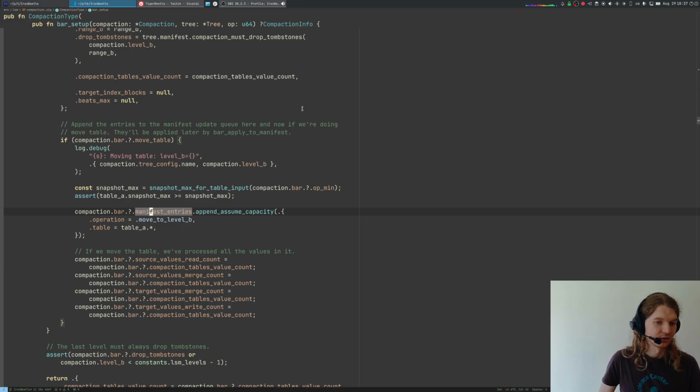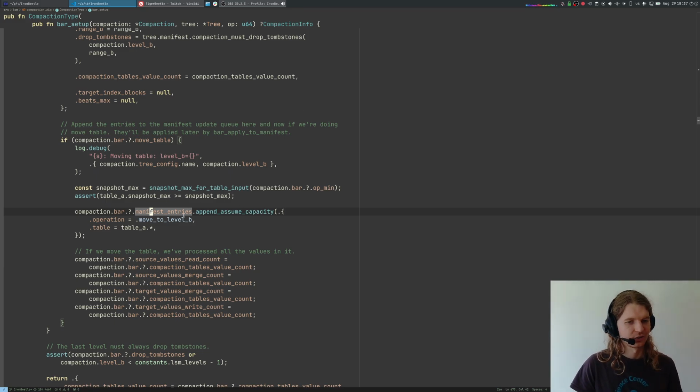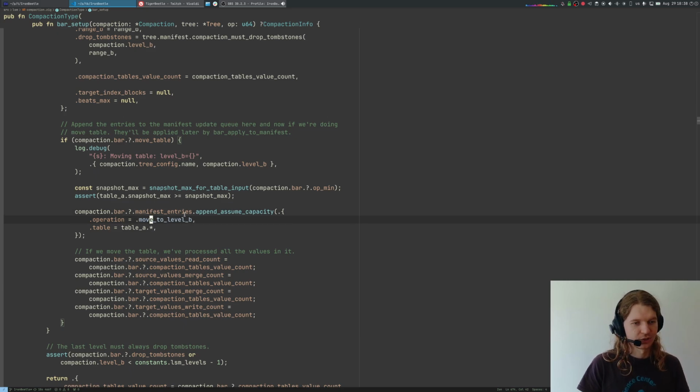Oh yeah, right. So I was expecting to see a pair of operations, like we remove from one level and add to another level, but actually it seems like we just say explicitly that this is a move table operation.